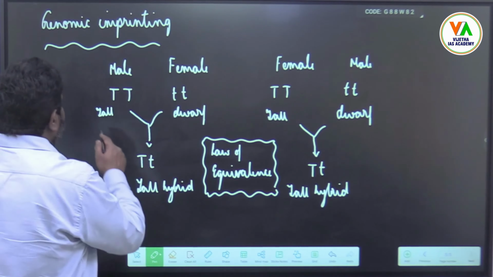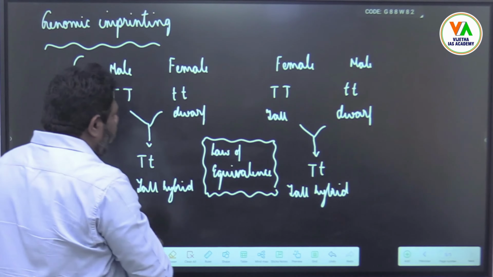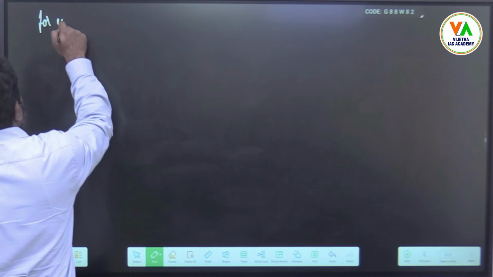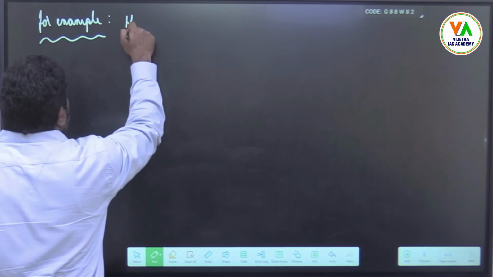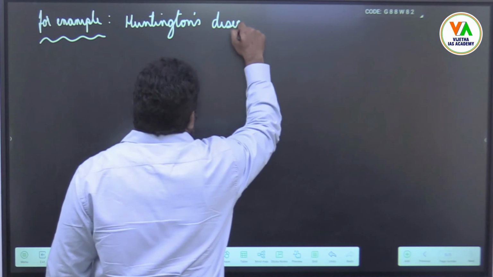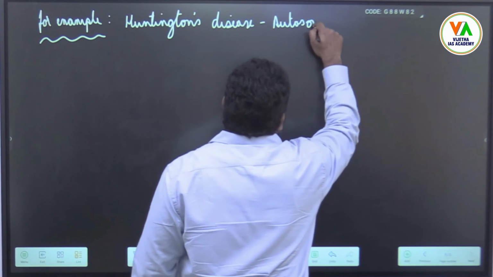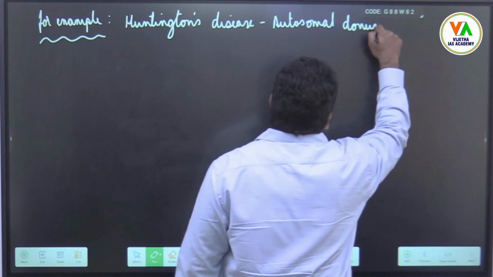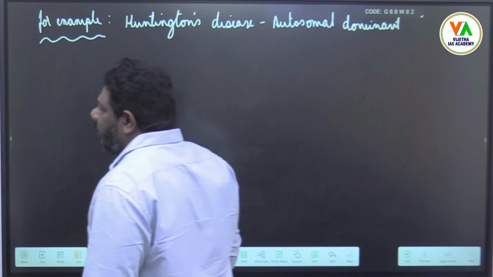This genomic imprinting violates this law. For example, you take Huntington's chorea or Huntington's disease. What is Huntington's disease? Very good. Autosomal dominant inheritance. So it can be from either father or mother.